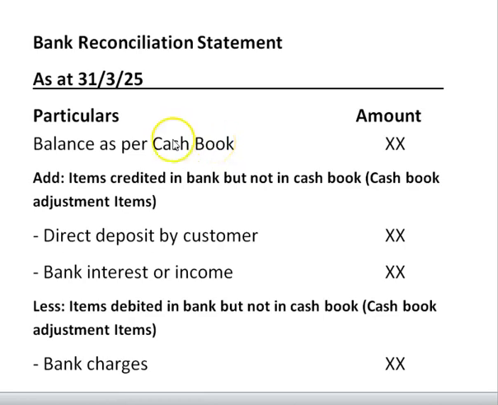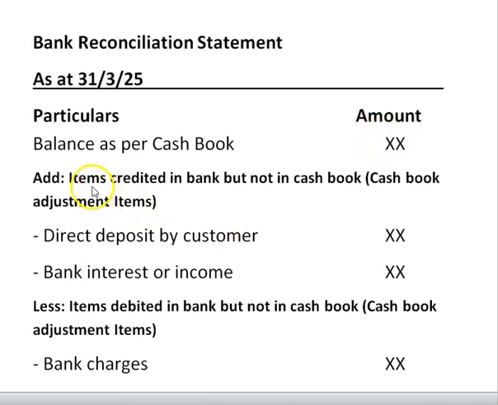You can as well start with balance as per bank statement. In any case, you are going to end up with balance as per the other book. So we start here with balance as per cash book. Of course, whatever balance you have in your cash book, you take the balance.